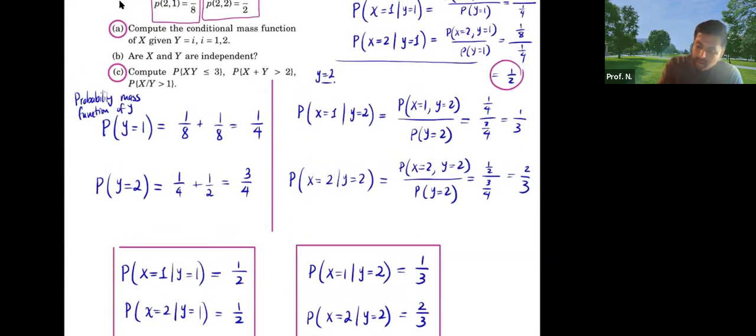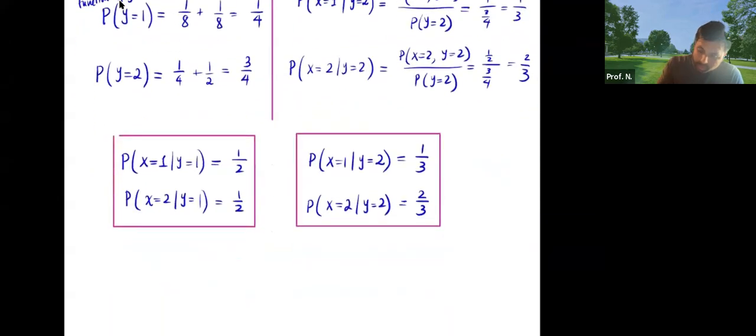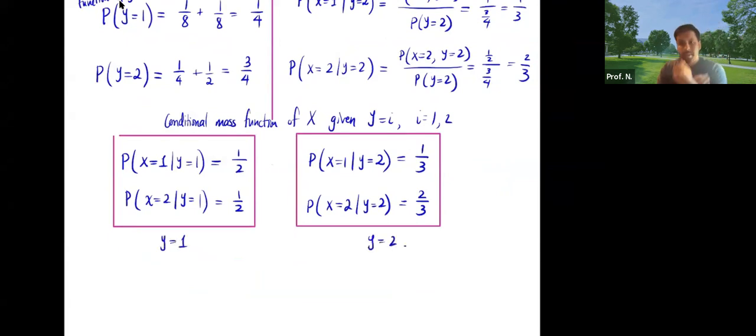This is the conditional mass function of x given y equals i, for i equaling 1 and 2. This is when y equals 1 and this is when y equals 2.